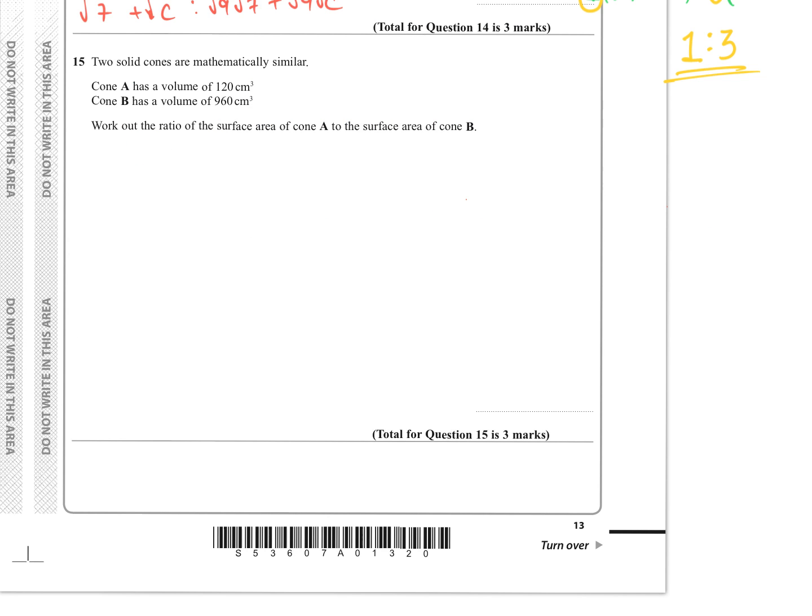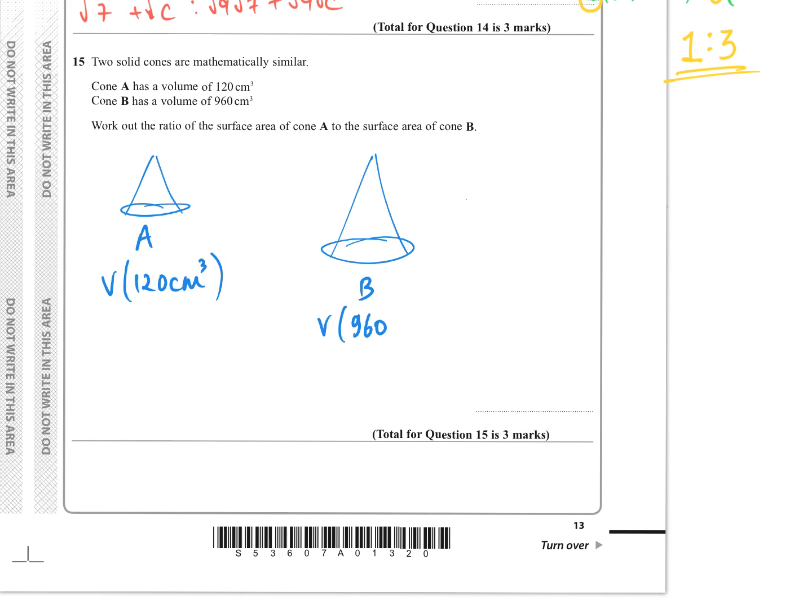Question 15. Two solid cones are mathematically similar. Cone A has a volume of 120 centimetre cubes and cone B has a volume of 960 centimetre cubes.